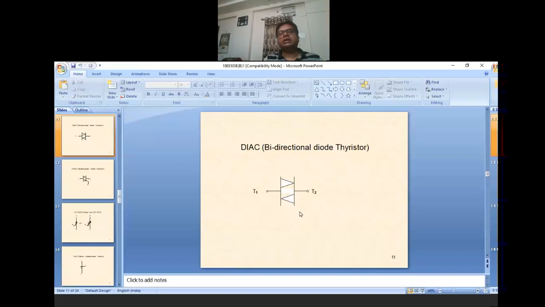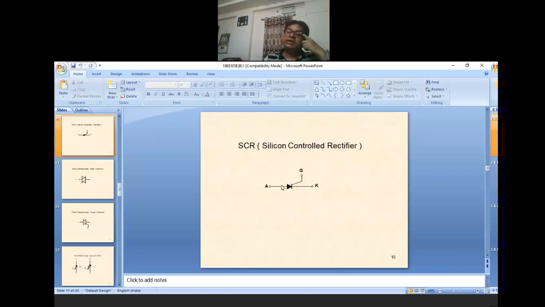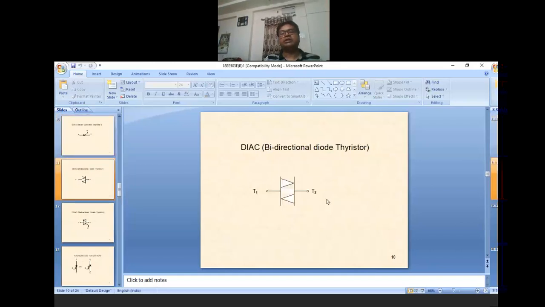But the actual VI characteristics will be discussed in the following sessions. As it is conducting in both the directions, it is called as bidirectional diode thyristor. Whereas SCR is mainly used in only one direction, it is a unidirectional device.